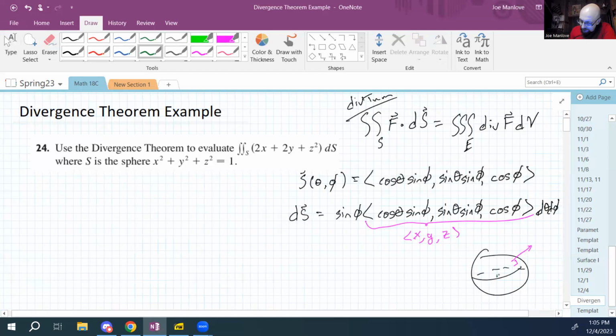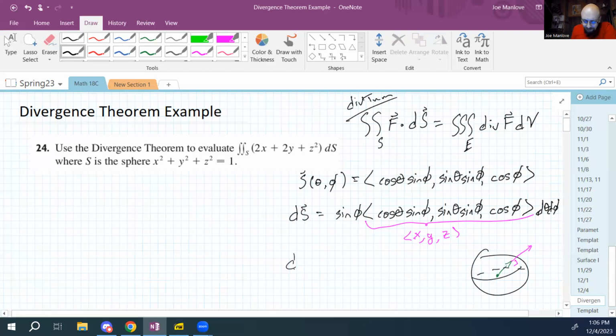And a vector that goes from the center out to the point on the surface is parallel to that. So the sine phi is just some kind of an area distortion. That's really got to do with the fact that when I draw longitude and latitude lines on this thing, they get smaller up towards the top. That's all there is there.